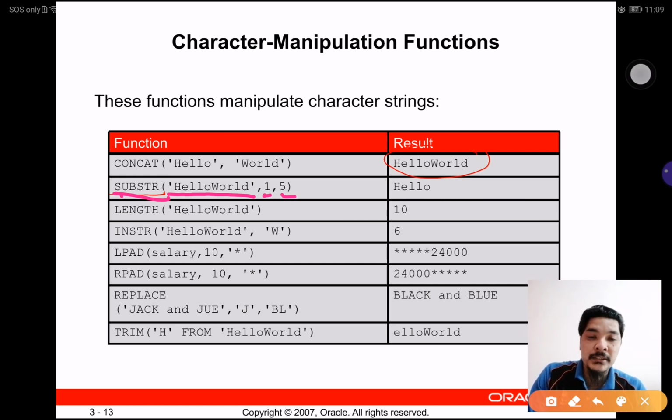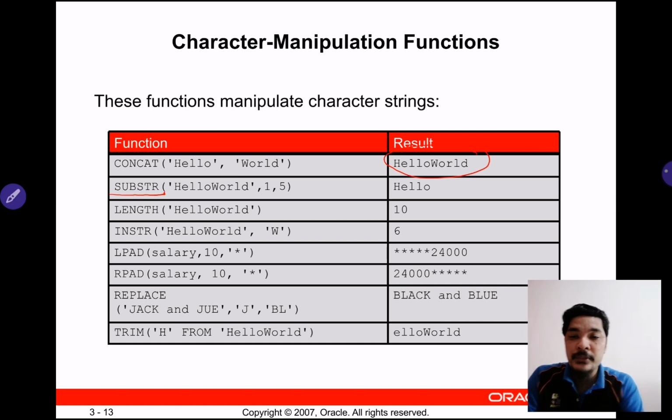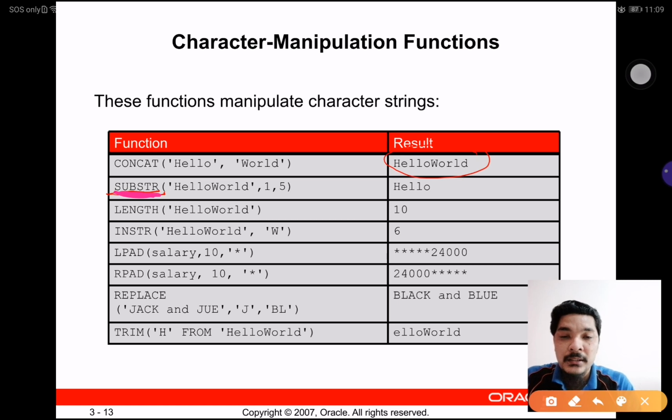If we use substr here, 1 means we will count from the letter number 1: H is 1, E is 2, L is 3, L is 4, and O is 5. So this is character number 1. Start with character number 1.